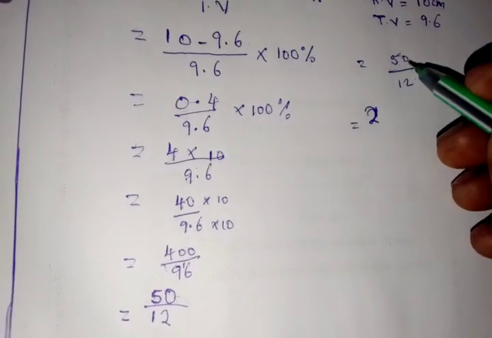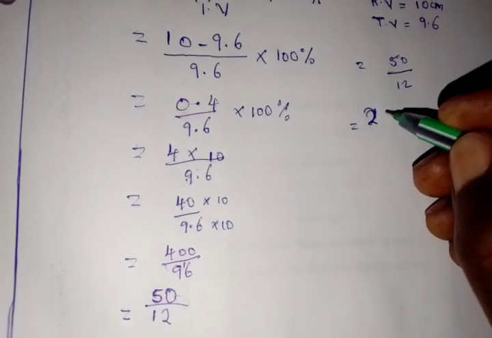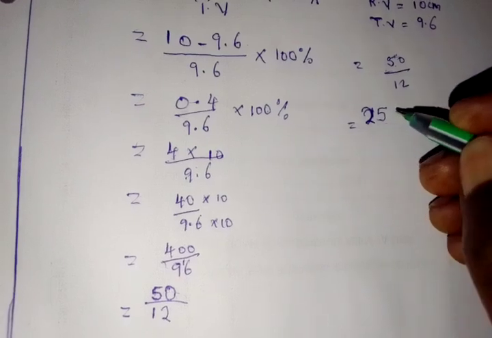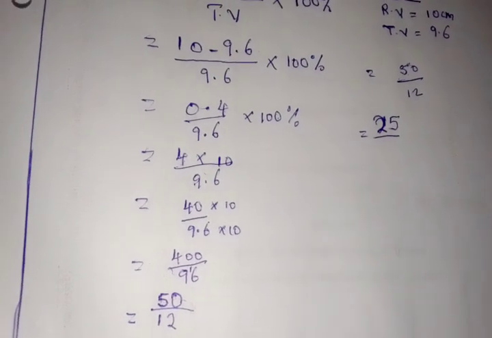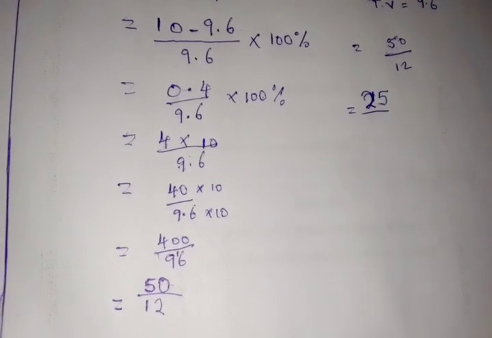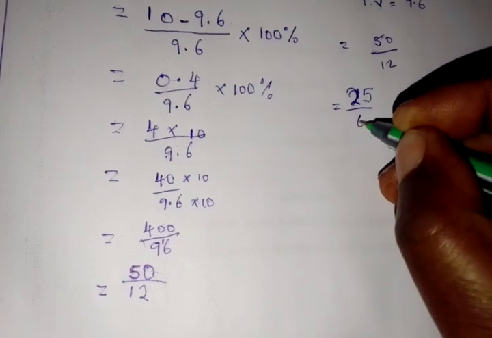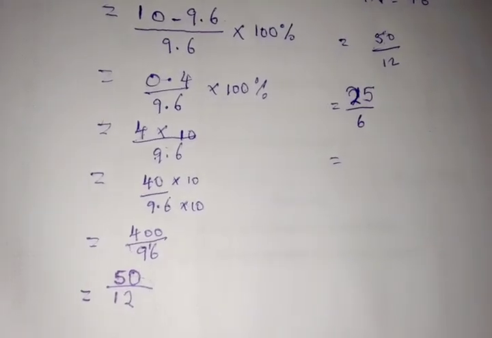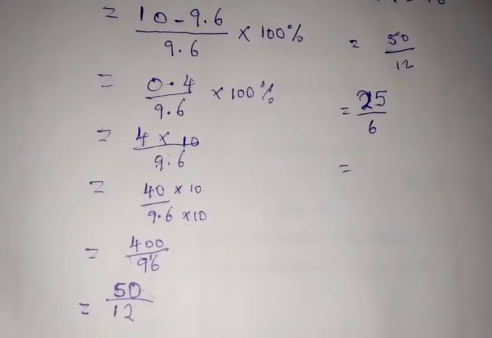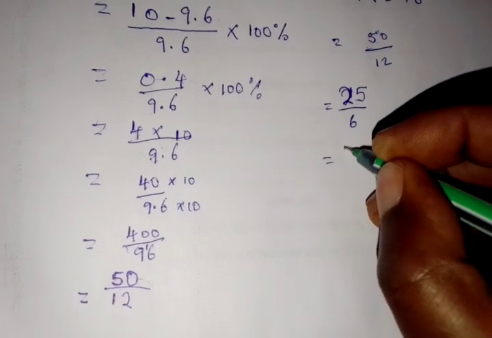Then 2 into 10 goes 5 times. So we're going to have 25 over, then 2 into 12 goes 6 times. So now we can divide 6 into 25. This is not complex now. 6 into 25 goes 4 times.